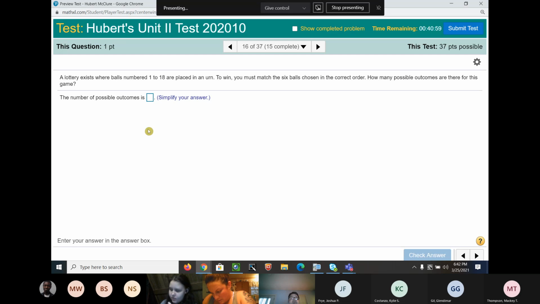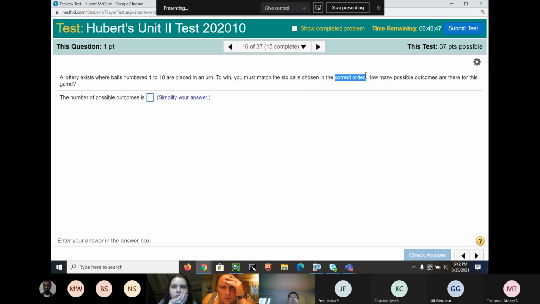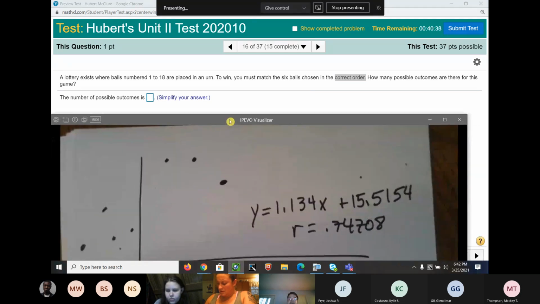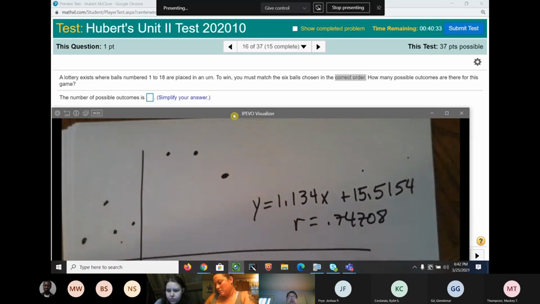And of course, the highest number is 18. The lowest number is 6. Does order matter? Oh, correct order. Sorry. So it's not a combination. It's a permutation. So that's going to be 18 permutation 6.